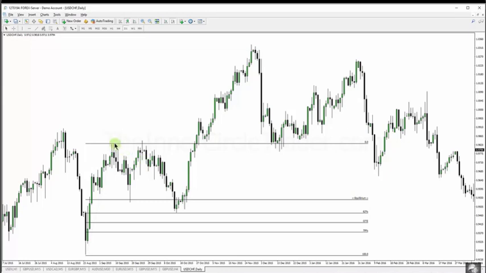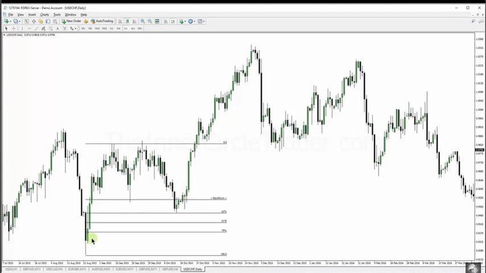Let me scrunch this up a little bit more. Okay, so we have this price leg up. So the impulsive price swing goes higher. As soon as we get 3 candles, then and only then will we start watching for price to come down to the equilibrium price point. And that is basically the Fibonacci level 50%. Okay, we're looking for price to come down to that level.